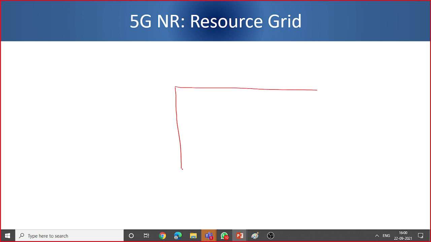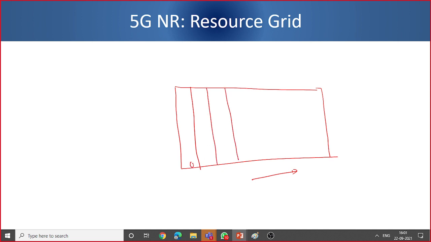Suppose I am using 15 kilohertz subcarrier spacing. In this direction it is time, so I'll represent symbols. So maybe I have 14 symbols, symbol 0, 1, 2 and up to 13 in this direction.